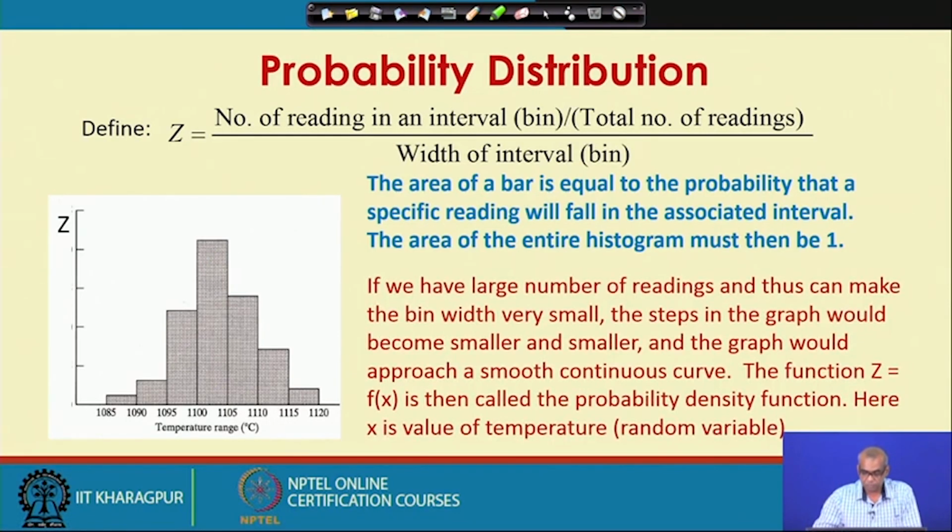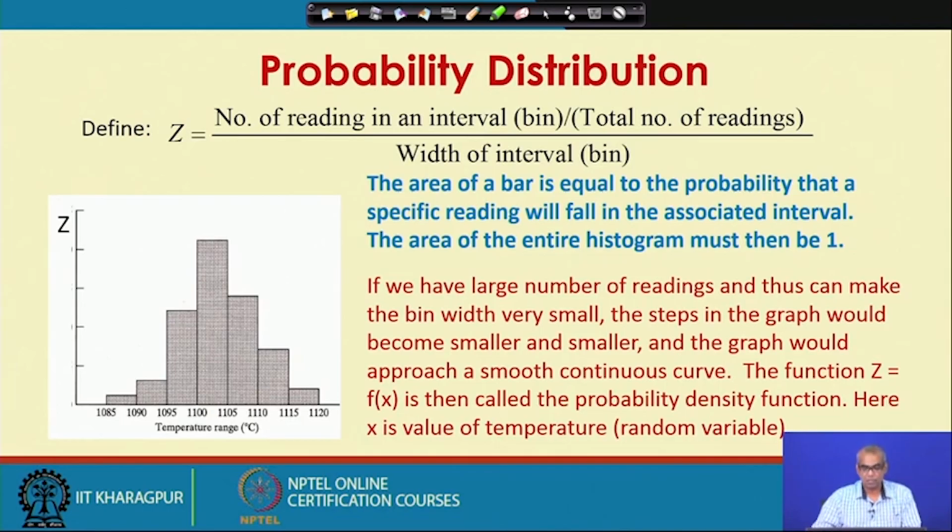If we have a very large number of readings and thus can make the bin width very small, the steps in the graph would become smaller and smaller and the graph would approach a smooth continuous curve.